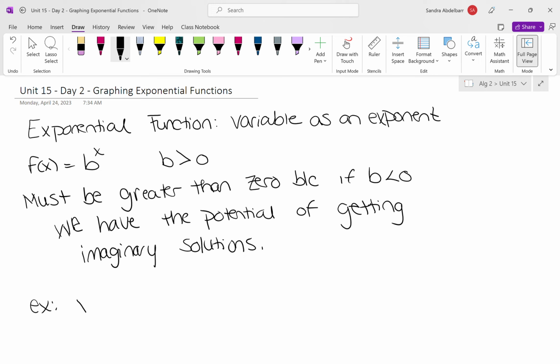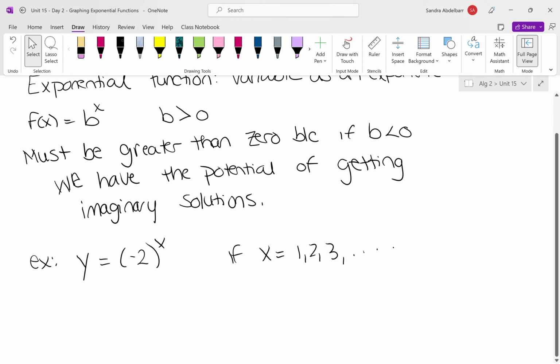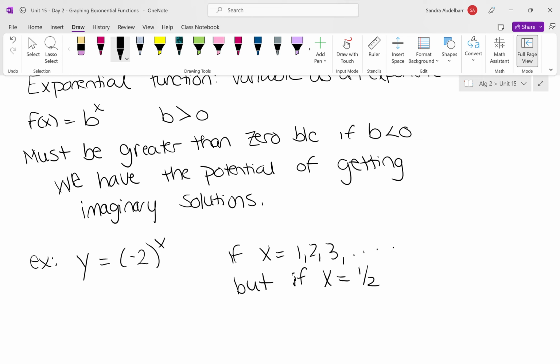So an example would be y is equal to -2 raised to the x power. If x is equal to 1, 2, 3, and so on, we're okay. But what happens if x is a half? It doesn't work out, right? If x is equal to a half, we end up getting an imaginary number.